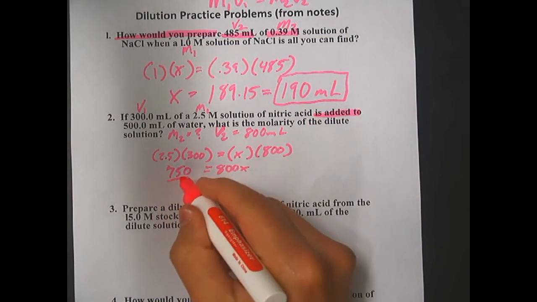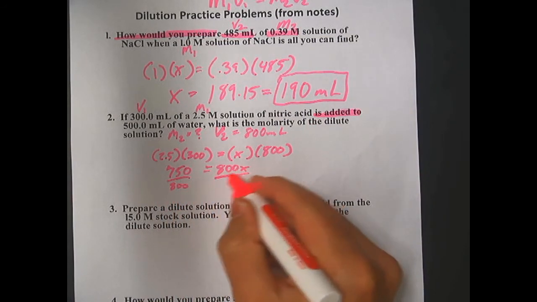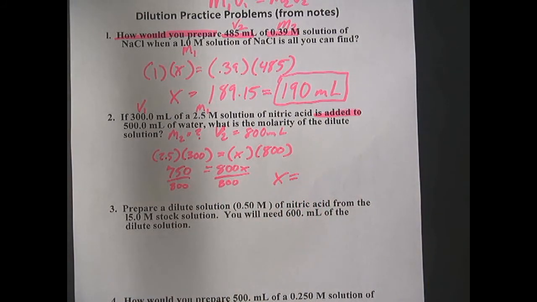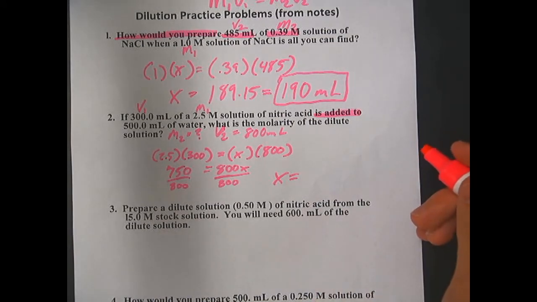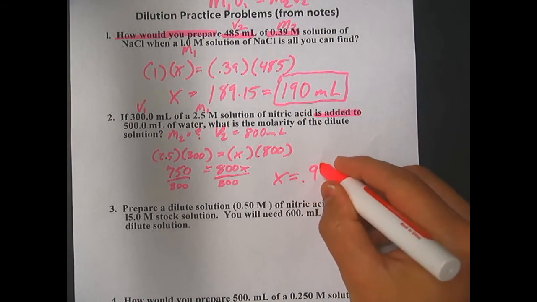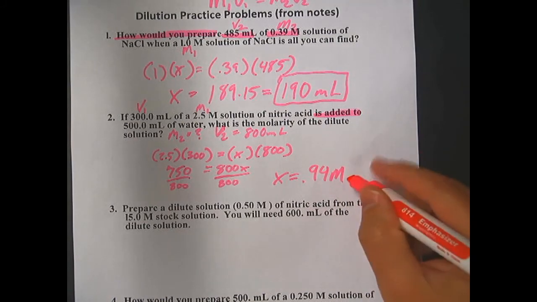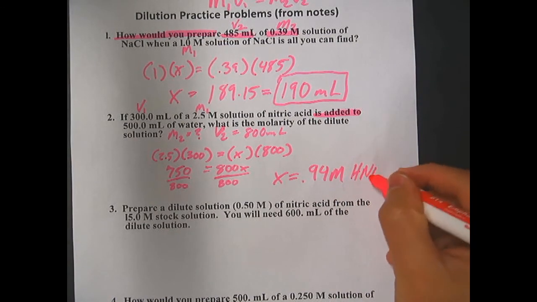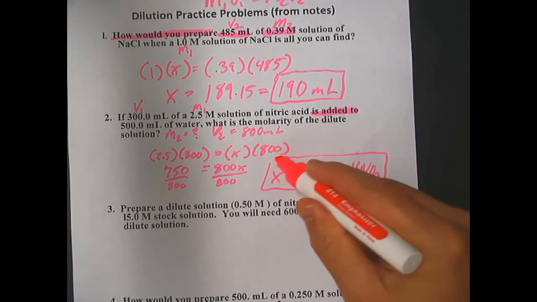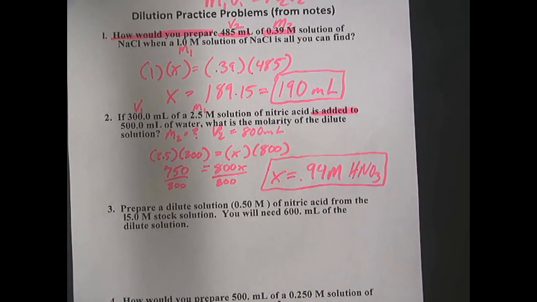Divide both sides by 800, and that will give us our final, diluted molarity. 750 divided by 800. Let's see, 2 sig figs, so we'll say 0.94 molar. Nitric acid is HNO3. There you go. Easy, easy, easy.